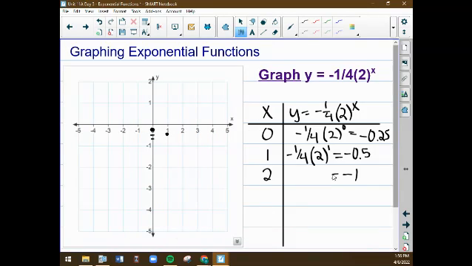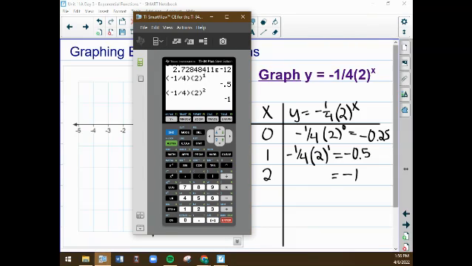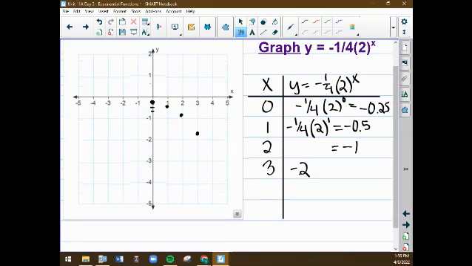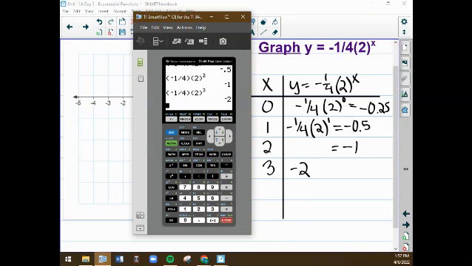So I'm going to plot that. And I keep going, plugging in 3. Negative 1/4 times 2 to the 3rd. And I get negative 2. I'm just going to keep going so we can get a picture. I can see it looks like it's going to be falling right there. If I plug in 4, let's see what happens.